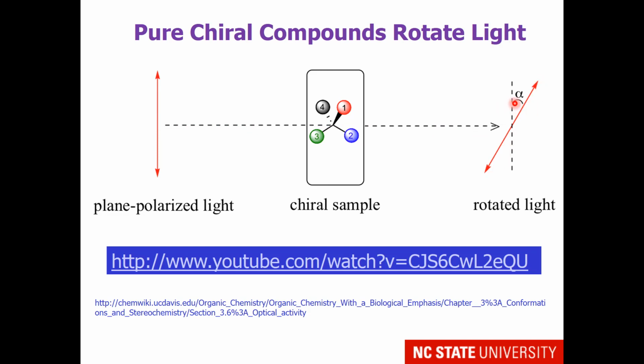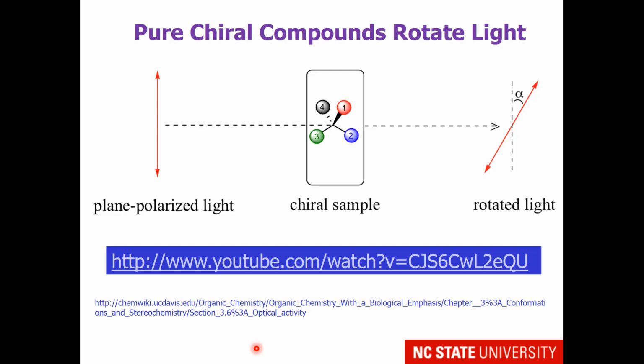And this angle at which it rotates is a measure of the purity. So you should be aware of that, especially if you're eventually going to work in fiber optics or something like that. I want to show you a video in a moment which actually shows this using different solutions of chiral syrup.